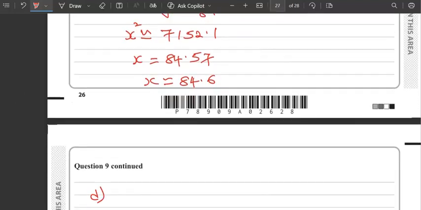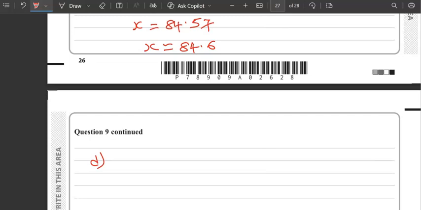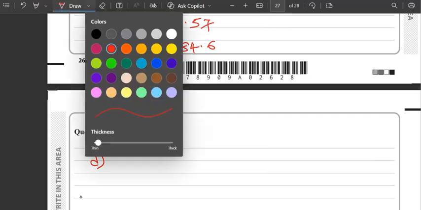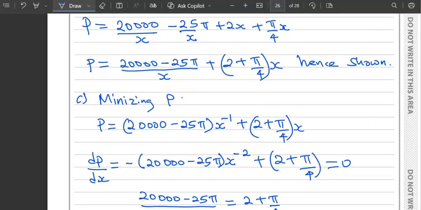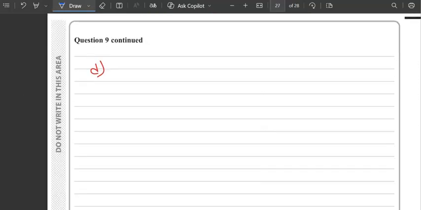So here we can say that if d squared p over dx squared is greater than 0, then it will be minimum. So what are we supposed to do? We are supposed just to differentiate.